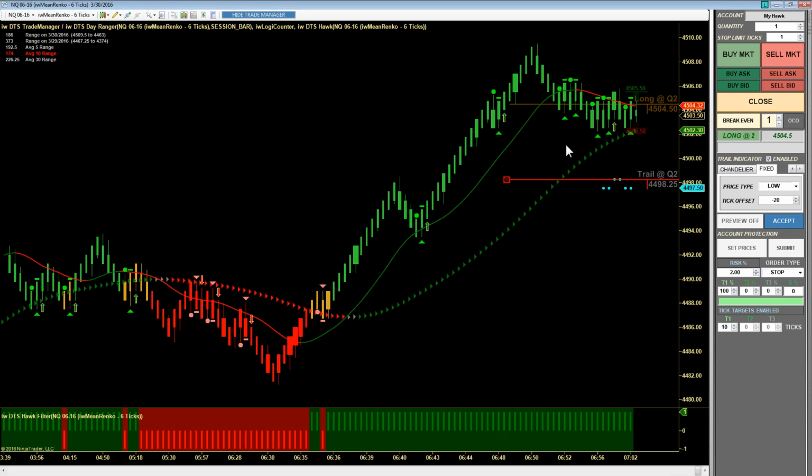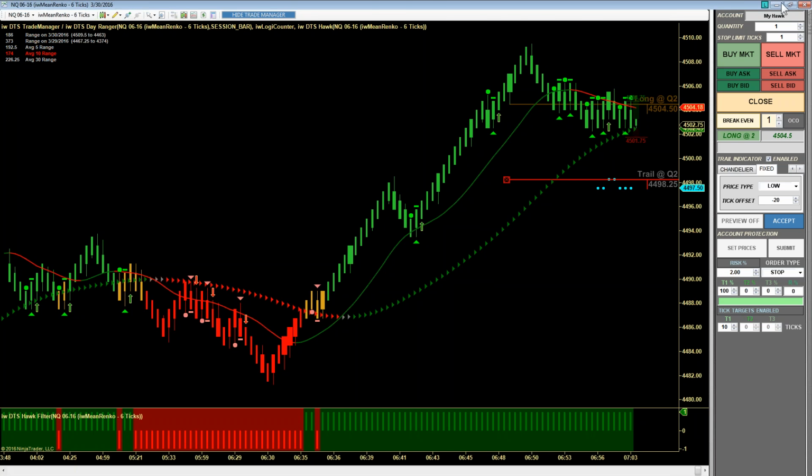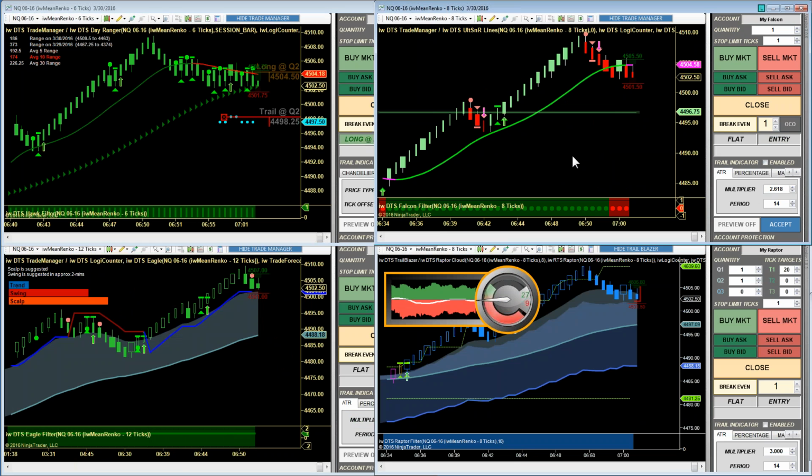Oh, another quiet morning. So I anticipate a little bit more of a pullback here. Market might even get into a red bar buy scenario.